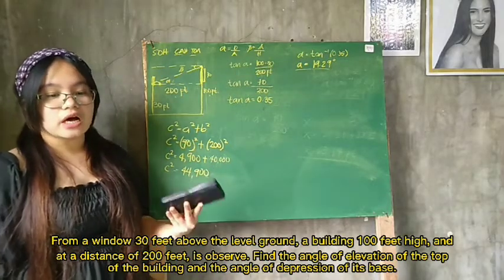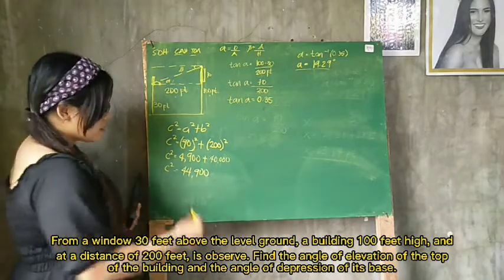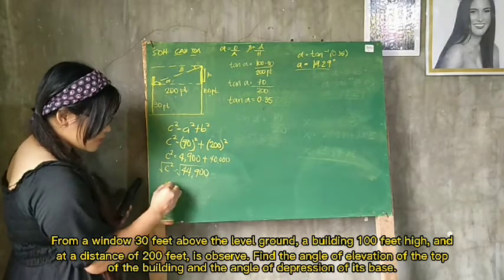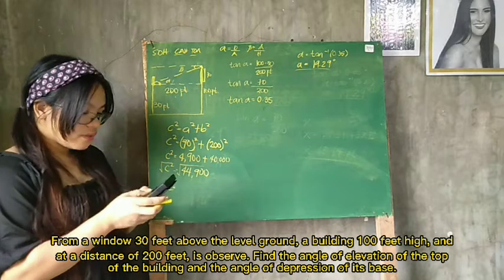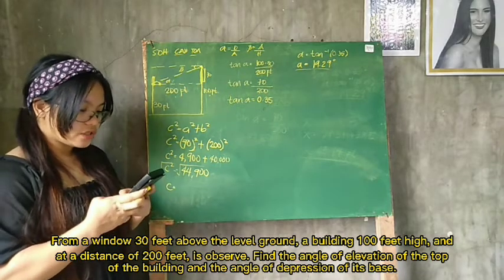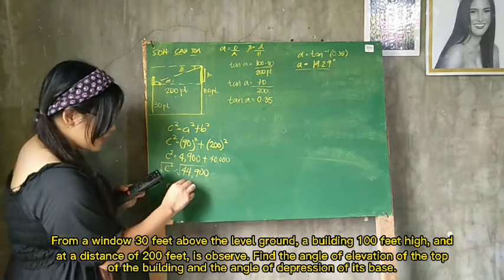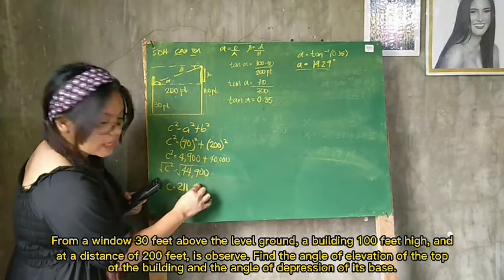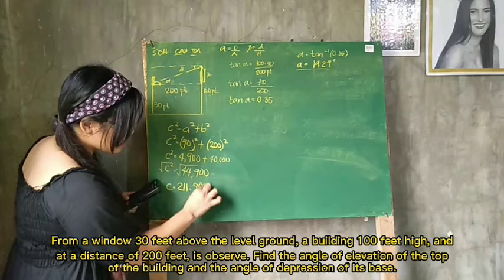Next, let's find the square root of both sides. So c is equal to the square root of 44,900, which is 211.90 feet.